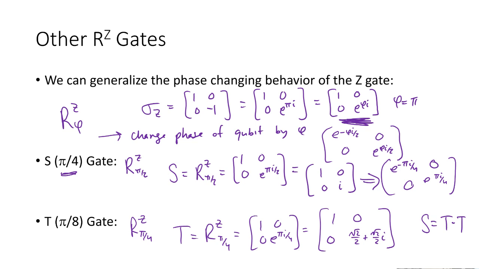You can get the S gate by applying the T gate twice. So S is just equal to T dot T.